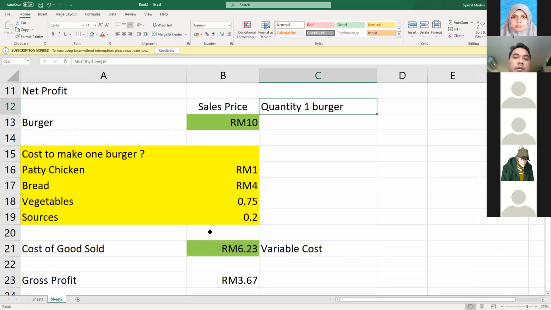My question is, are you selling only one burger when you open the stall? Not right. So maybe some of you are selling 100 burgers a day. For example, let's see if you sell 100 burgers per day.